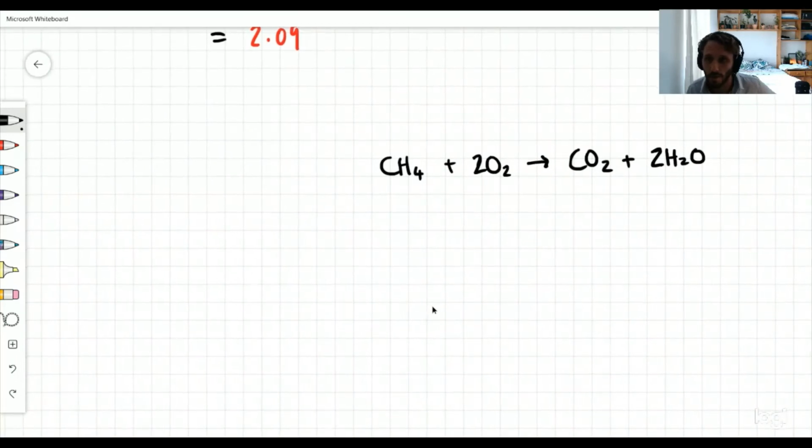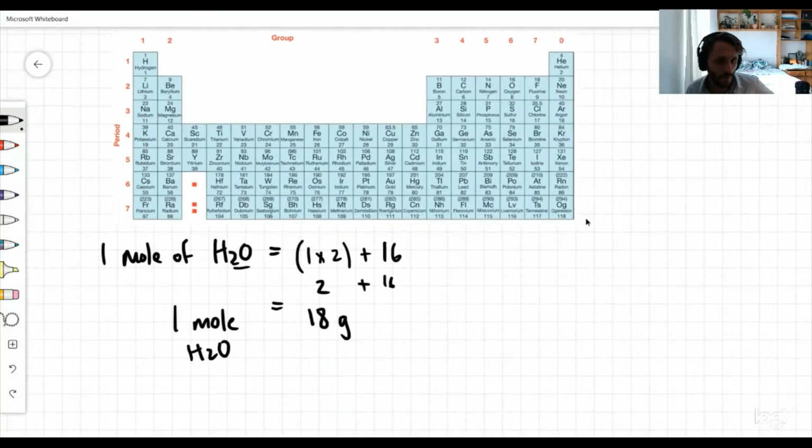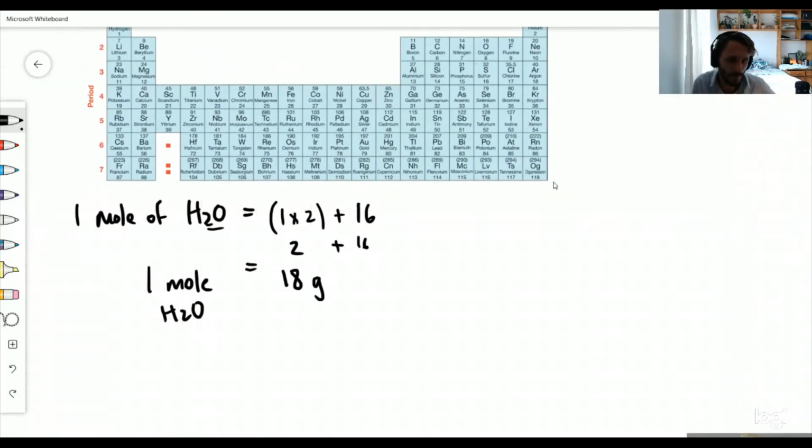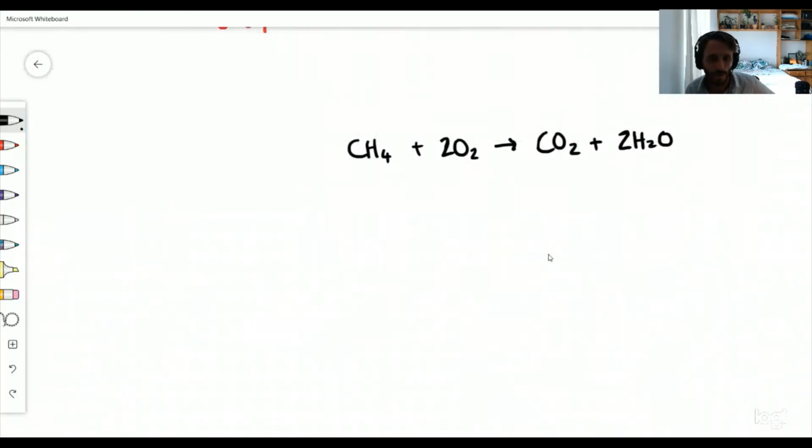Oh, hang on, it said that there are 2 moles that are formed. So in fact we would have to say 2 moles is equal to, you simply just times this number by 2, so 36 grams. So if we had to ask you a question in the exam, how many grams of water are formed in this reaction? Well, you would say there's 36 grams.